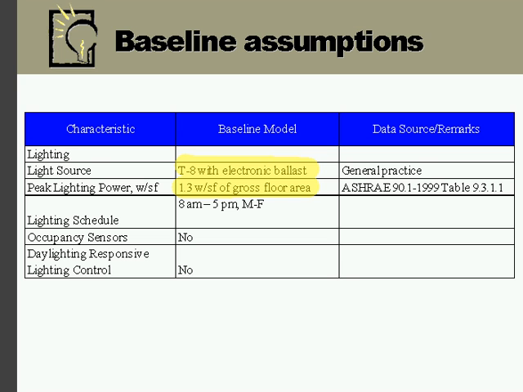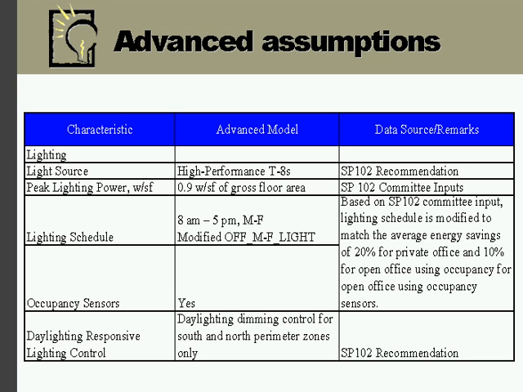They're based on an 8 to 5 Monday through Friday lighting schedule. No occupancy sensors are required in the 1999 standard, and no daylight responsive lighting controls are required in the 1999 standard. So that's the baseline assumption when we built our base building and modeled it. Those are the assumptions we used for lighting.